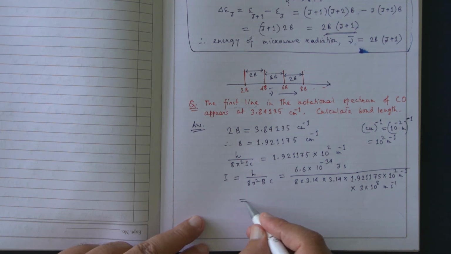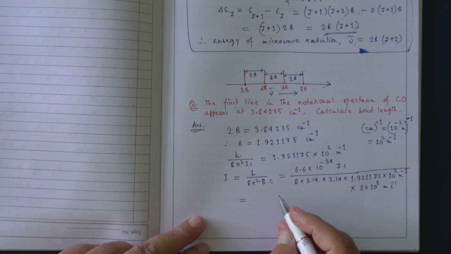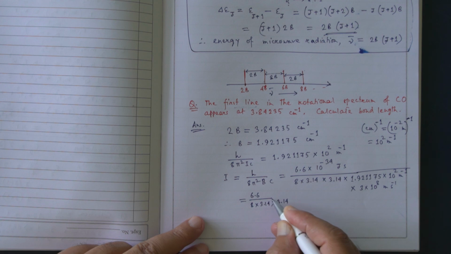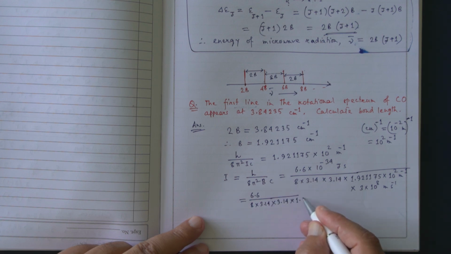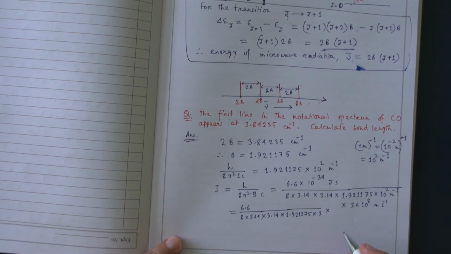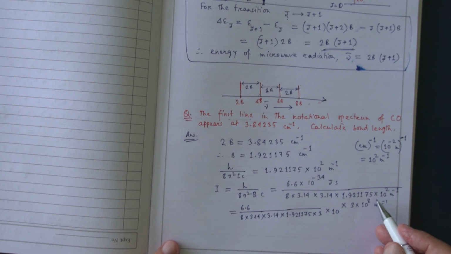So the calculation will be a bit longer, but you can calculate. 6.6 by 8 into 3.14 into 3.14 into 1.921175 into 3, and the power of 10 comes to 10 to the power minus 24.